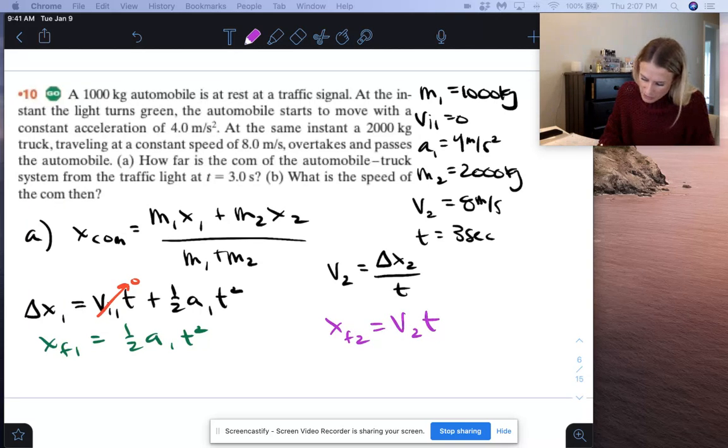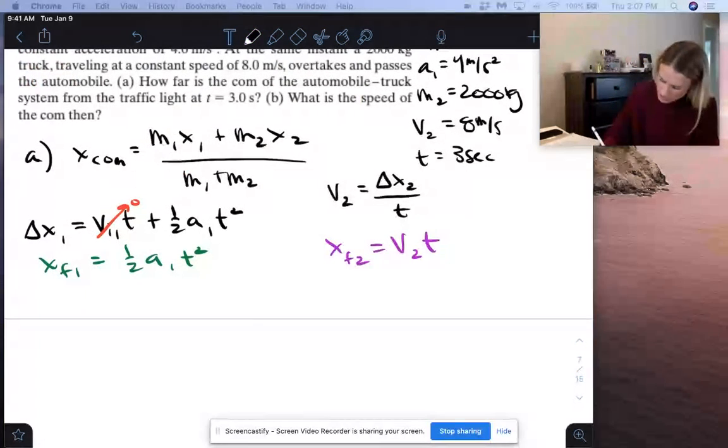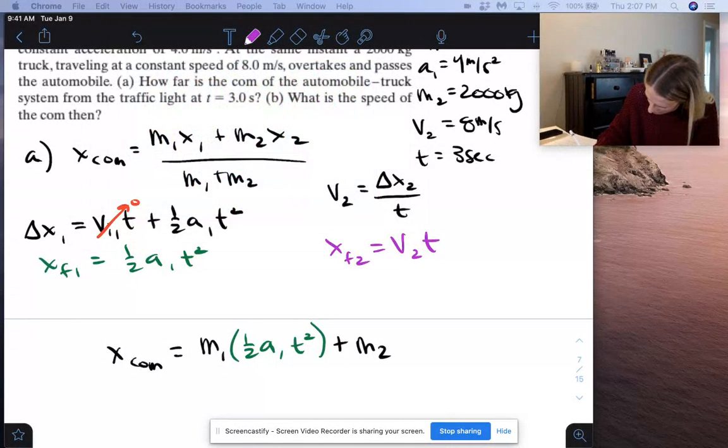So now that I have 2 equations here, I can plug them into my original equation. So the position of the center of mass of the 2 objects is mass 1 times this whole thing, 1/2 acceleration of 1 times time squared, and then plus mass 2 times this whole thing, position of 2, which was v2 times t.